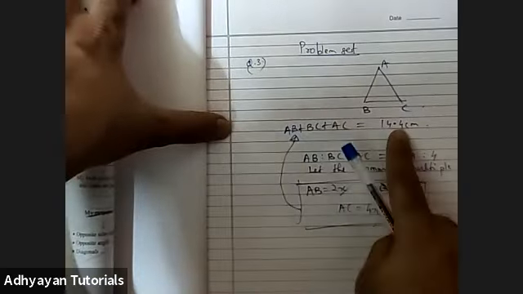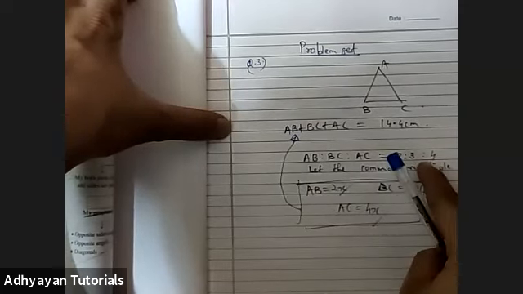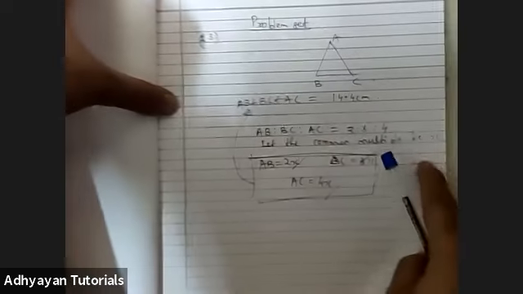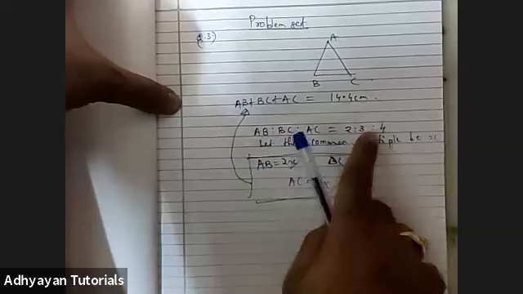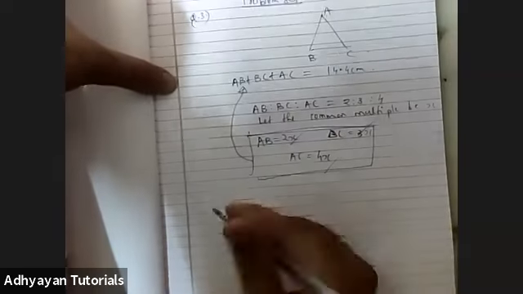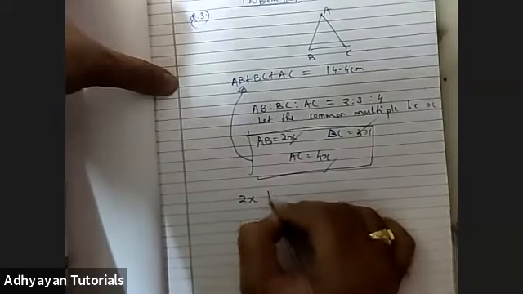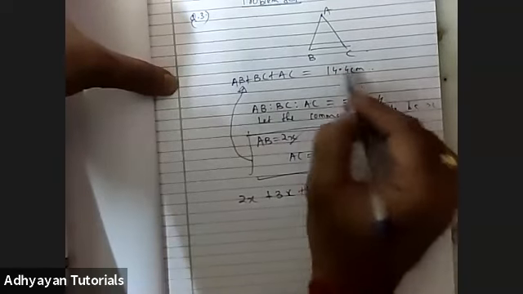What I did is this was given to us, right? And it was also given that तीनों sides का ratio is 2:3:4. Let the common multiple be x. तो AB का value हो गया 2x, BC का value हो गया 3x, AC का value हो गया 4x, right? तो तीनों sides को add करो, so that becomes 2x plus 3x plus 4x. तीनों side को add करके 180 नहीं होगा, 14.4 होगा.